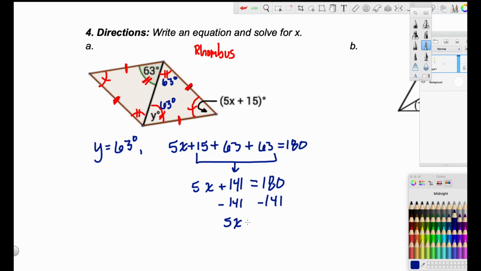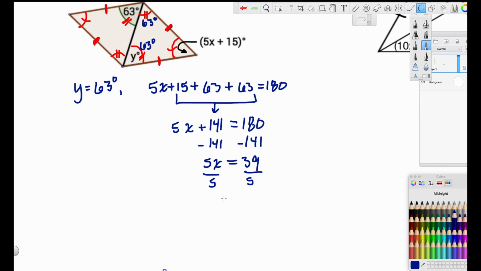Subtract that from both sides. It's 39. And then we've got to divide both sides by 5. 5 does not go into 39.